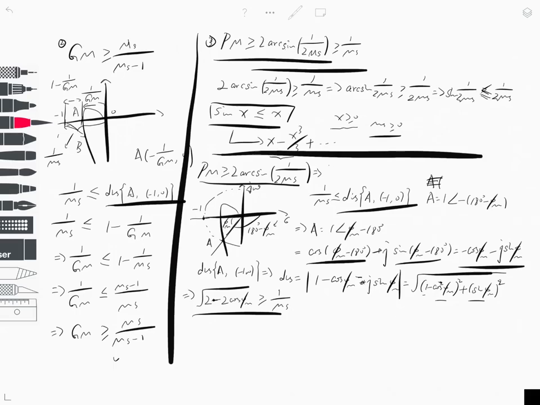Go from the beginning. Now, phi m, which is PM, divided by 2 is larger than or equal to arcsine 1 over 2Ms, right? And if you both take sine, sine of phi m divided by 2 is larger than or equal to 1 over 2Ms. Wait a minute. Here, the phase margin has been divided by 2 with a sine in front of it. Well, if I can divide the phase margin by 2, remember this cosine 2 theta equals 1 minus 2 sine theta squared.